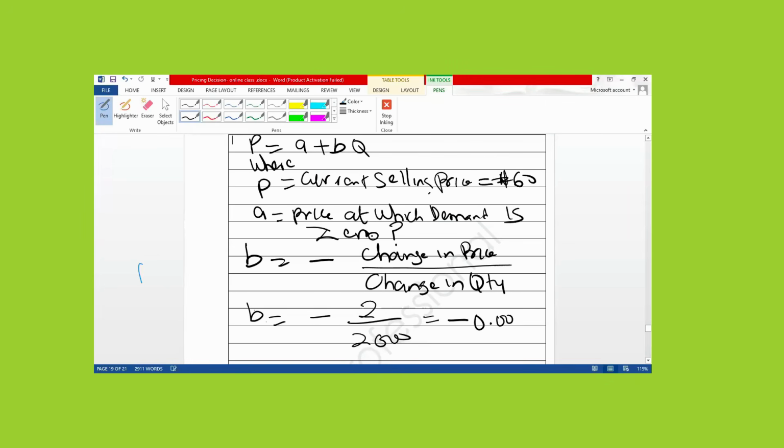Okay. What do you have when you divide? Minus 0.001.